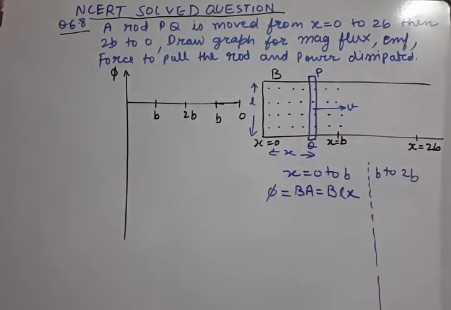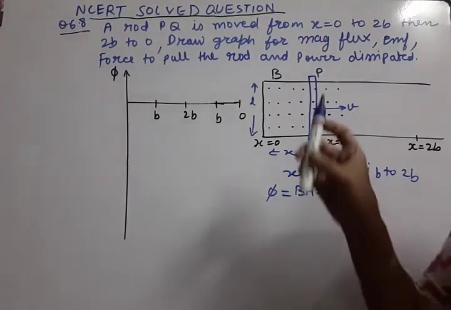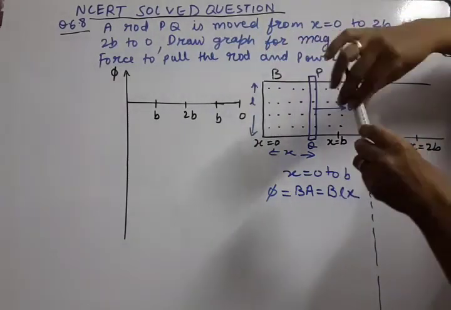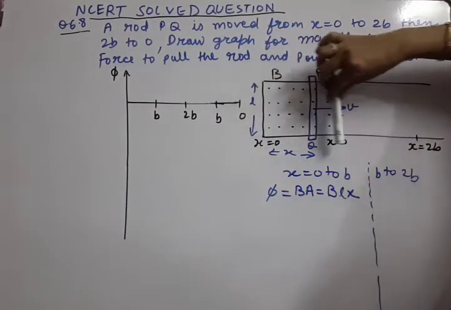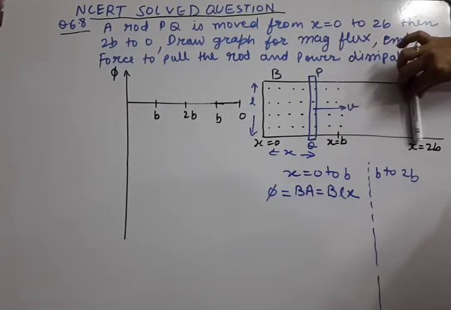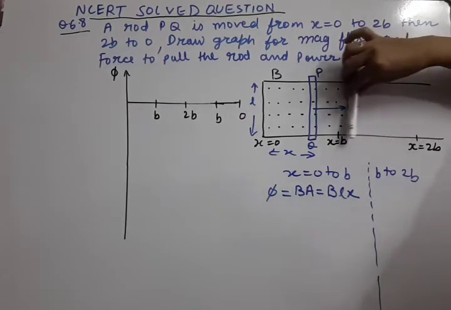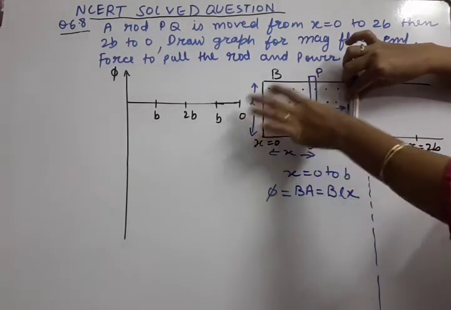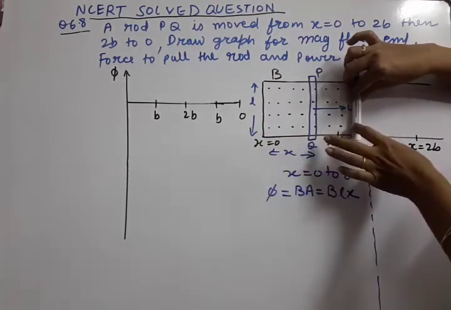Now, let us come to the second part. This rod PQ has reached b now, and it is moving out from b to 2b. You see, when it was at b, already all the field lines were crossing through this closed area.